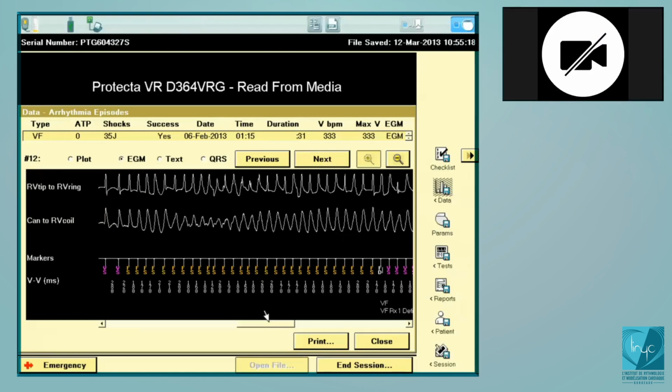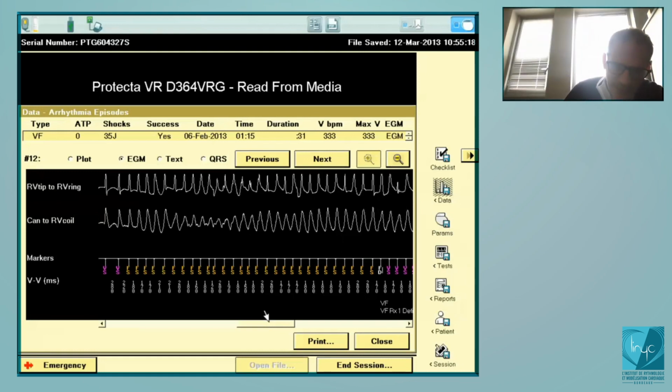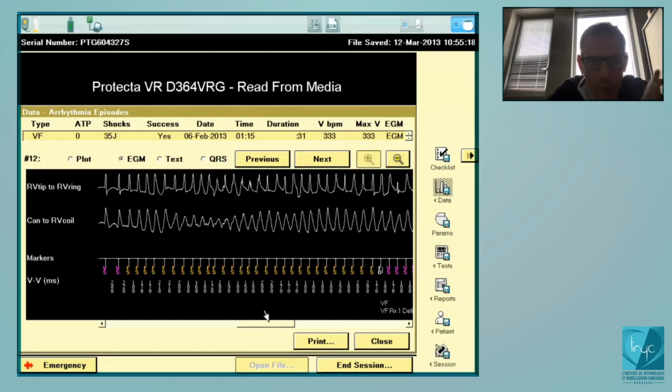In Abbott, for example, this cycle is classified FS because the current interval is fast, and this is the only level of analysis. It's the same for Boston, Microport, and Medtronic. When we study Abbott ICDs, you will see that anytime you will have to make a relation between the current interval and the mean value of the 4 previous intervals. That's a specificity of Abbott. But here in Medtronic, it's just the analysis of the current interval.